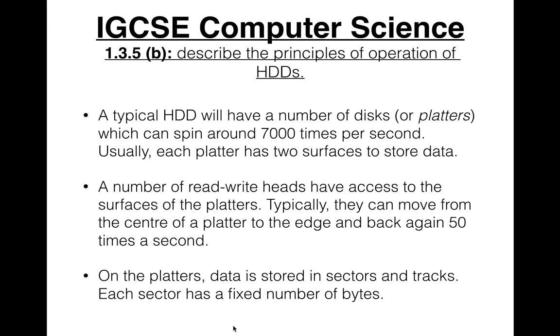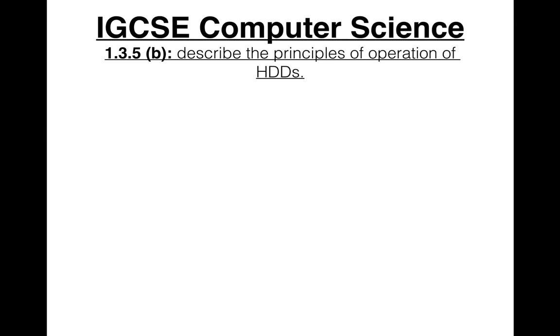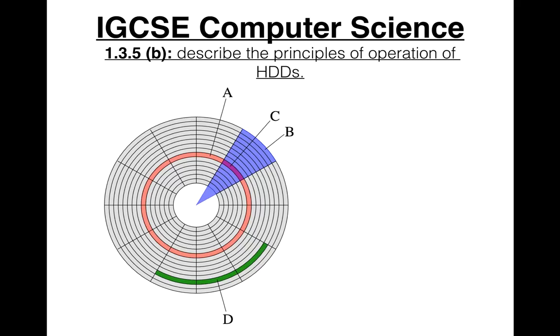Each sector has a fixed number of bytes. Now it's important that we know what we mean by sector. So let's look at a platter. Here we have A, B, C, and D. A is the track, the pink thing right here. B is the geometrical sector.